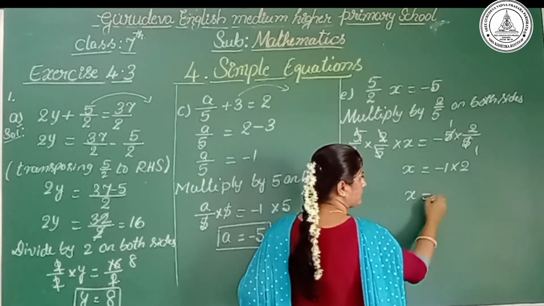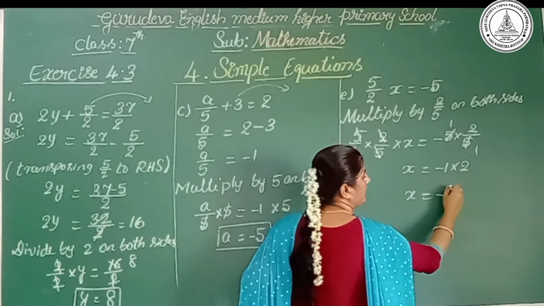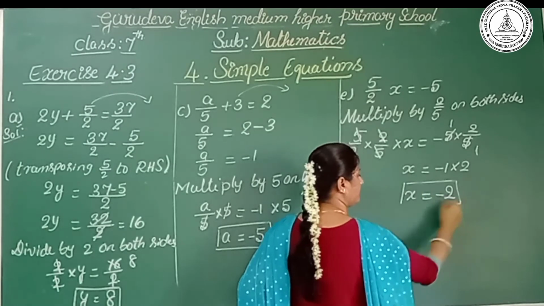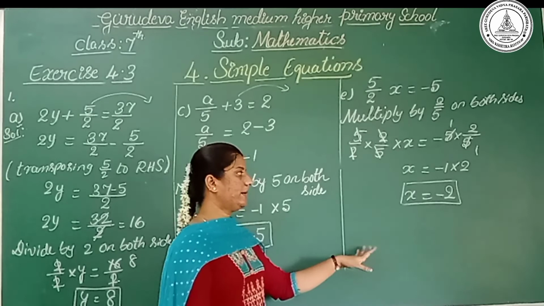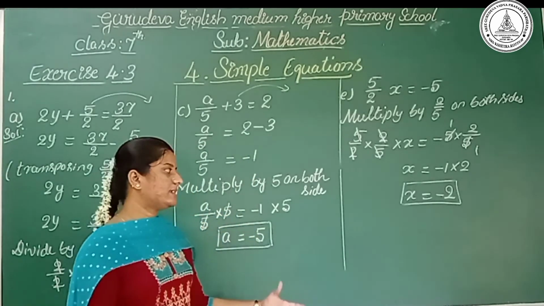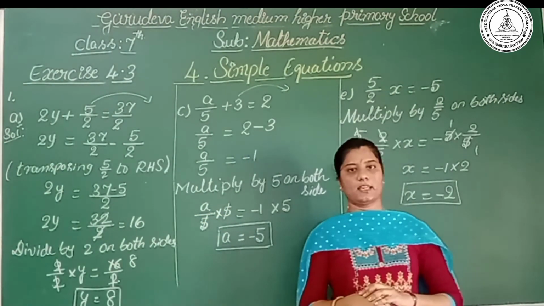Therefore x equals minus 1 into 2, which is minus 2. It is the value of the given equation. Okay, it's clear? Yes. Then let's move on to the second one.